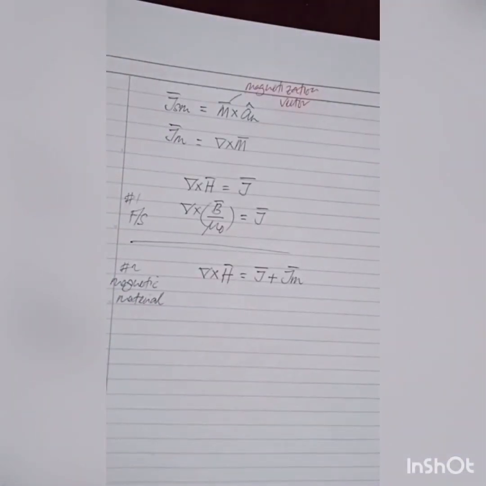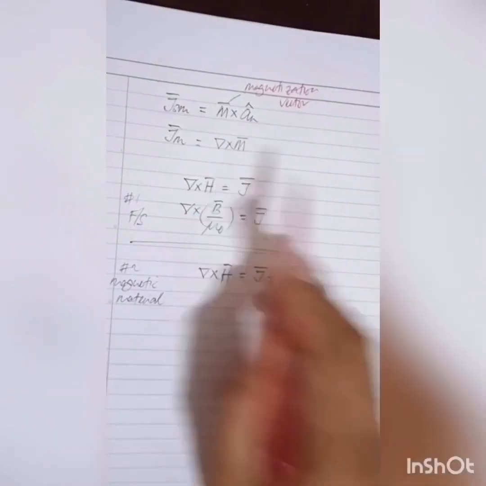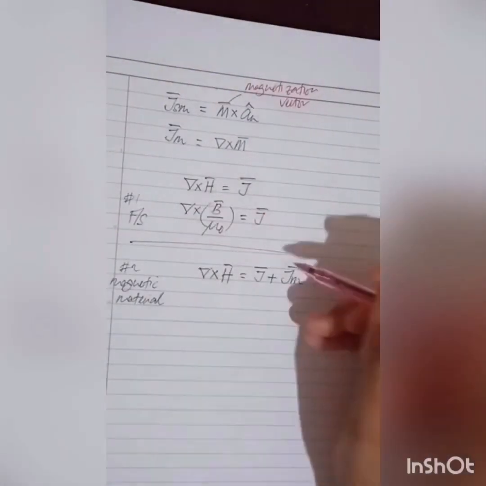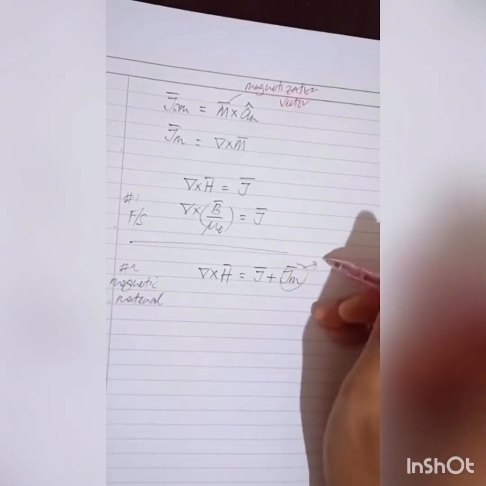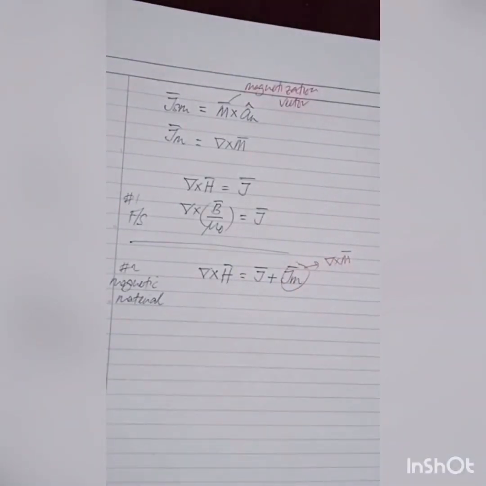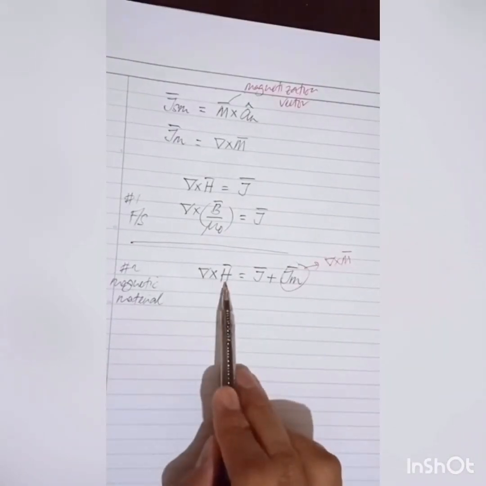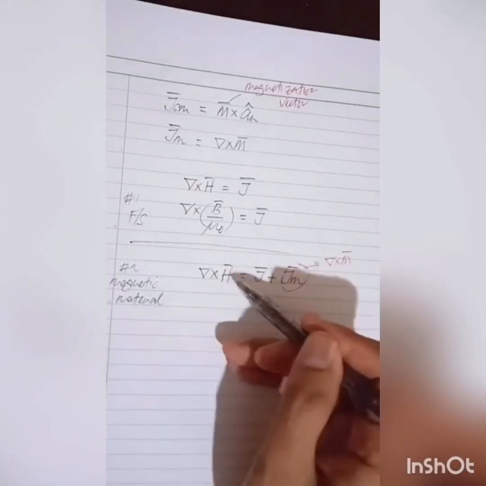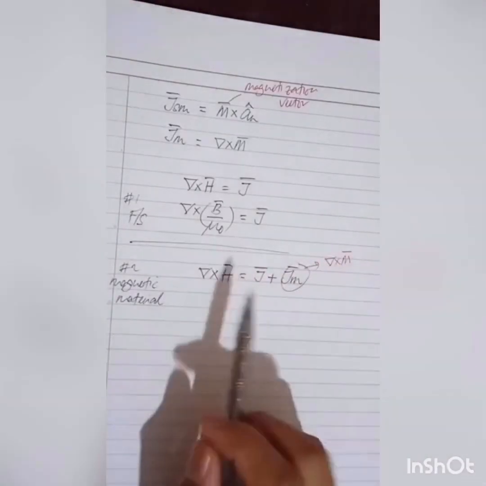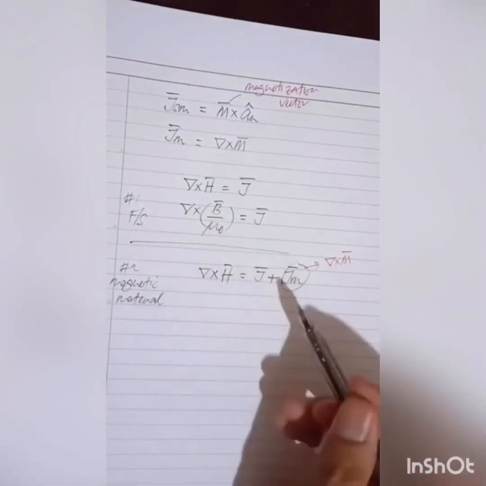Okay guys, so we know that the Jm here is equal to the curl of M. So we can simply change this Jm to the curl of M, whereby we can bring this term to the left and factorize with this H. We also can change the H into B over mu naught.